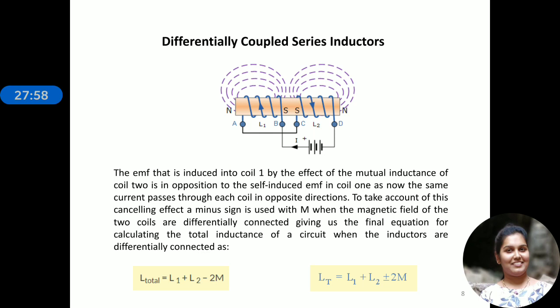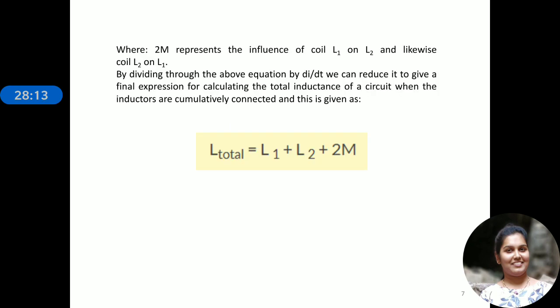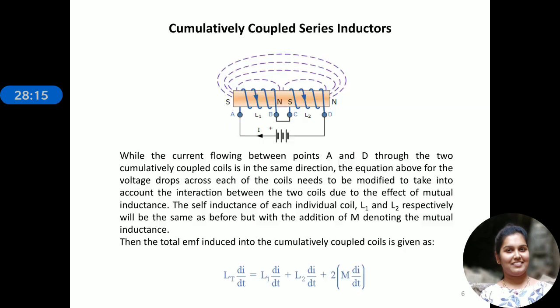So we can write, whether cumulative or differentially coupled, the inductively coupled inductors in series as L1 plus L2 plus or minus 2M.